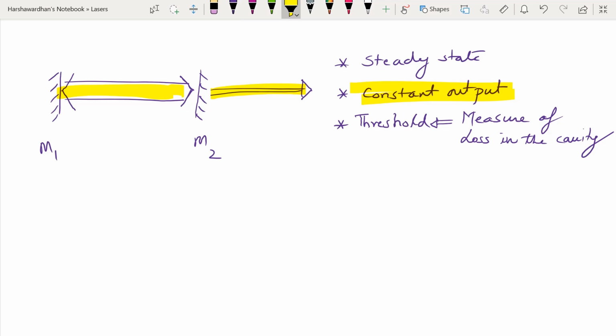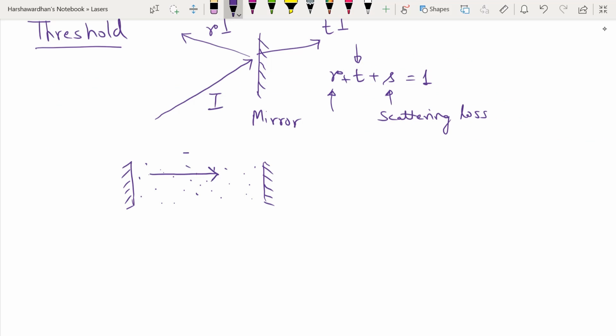And after analysis of threshold, we will actually find out that threshold, even though it is called gain threshold, is actually a measure of loss in the system, and that the cavity loss is completely characterized by this notion of threshold. I plus is the intensity that is traveling in the positive z direction, and I minus is the intensity traveling in the negative z direction.